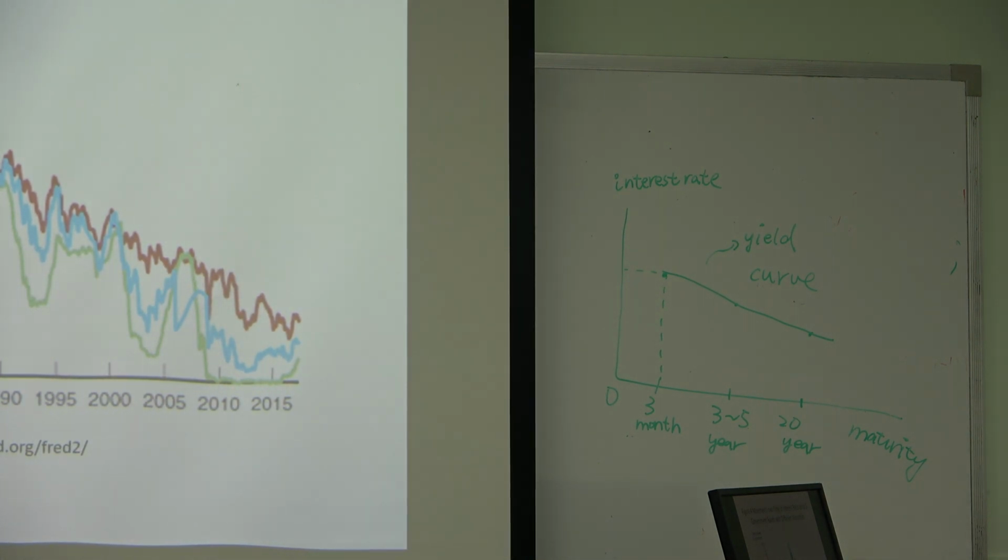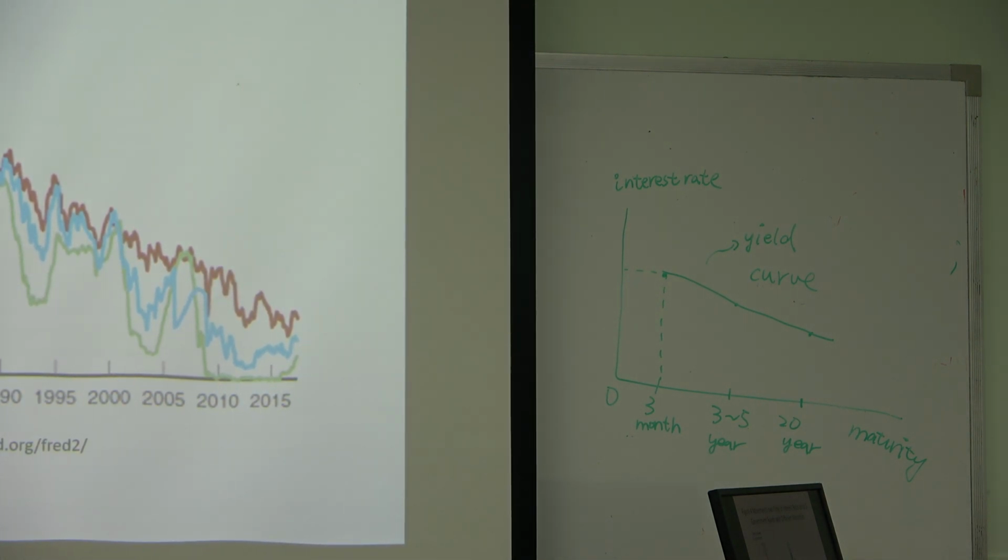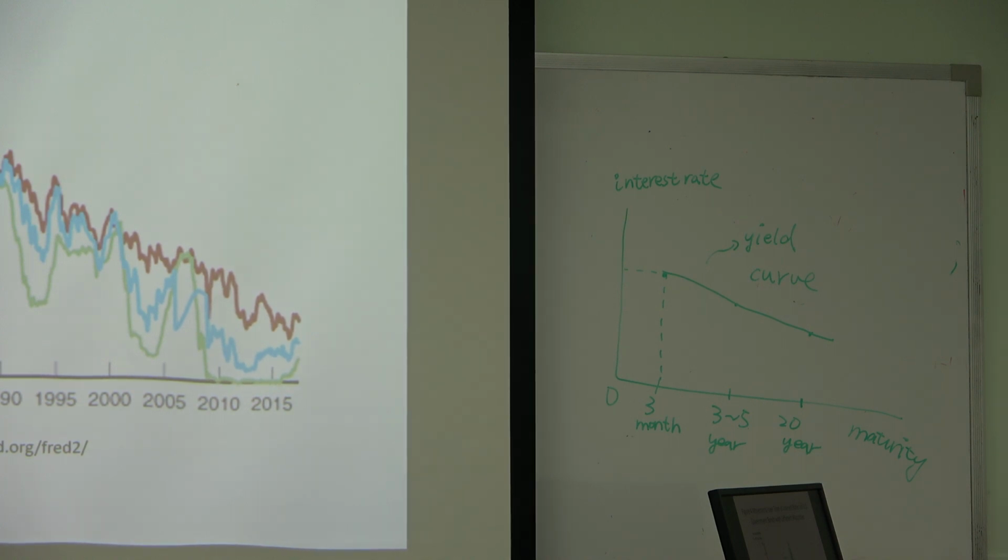So we understand that the yield curve is not always upward sloping or downward sloping. Sometimes it might be a flat curve. However, from the figure what we have learned, most of the time, even though these three bonds have different maturities, they move together as time goes by.